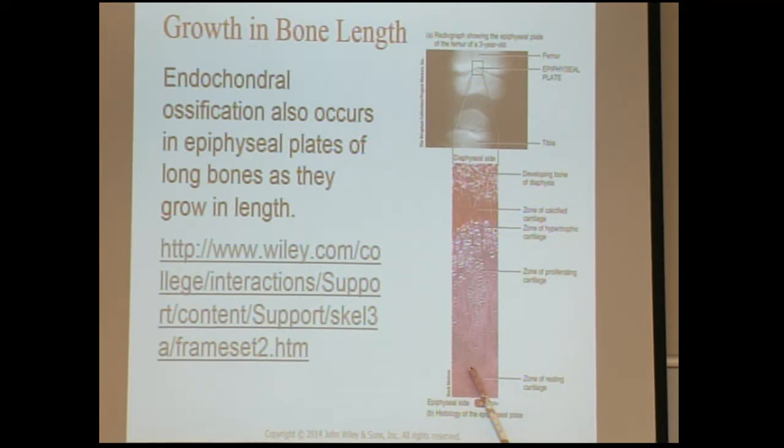Those cartilage cells grow, divide, then they get bigger, which is called hypertrophy. Then they get calcified, and then they turn into osteoblasts, which put the collagen and calcium salts down. And they grow up into the shaft. I wish there was a better picture of this, but we've zoomed into the bottom of your femur.